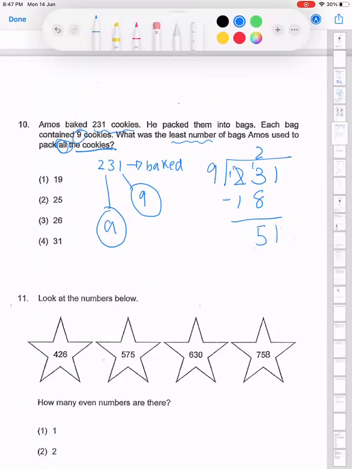What is divisible? 9 times 1 equals 9. Then 18, 27, 36, 45, 54. Oh, we reached a number here. So we know that 5 times 9 equals this amount, right? So therefore, this will be the biggest.